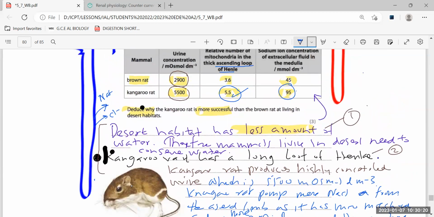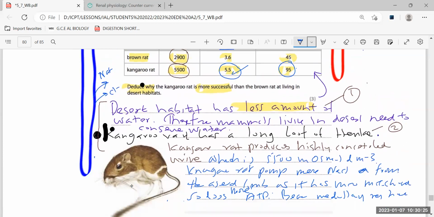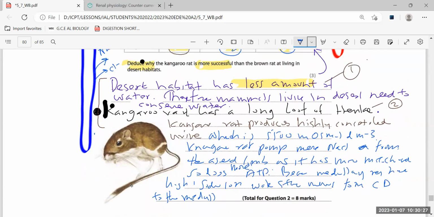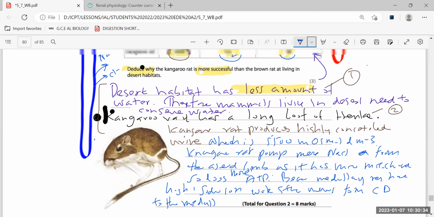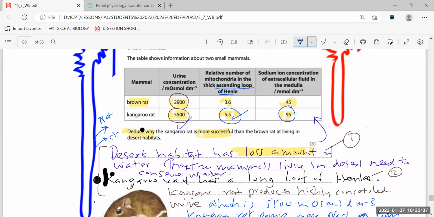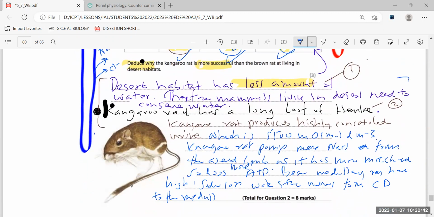It's 95, a higher concentration, so water can still move out into the medulla. So here, even though it is 3 marks, we wrote a little bit more, but we addressed these 3 points, and our introduction. We try to get 3 marks if we aim for this kind of writing skill.